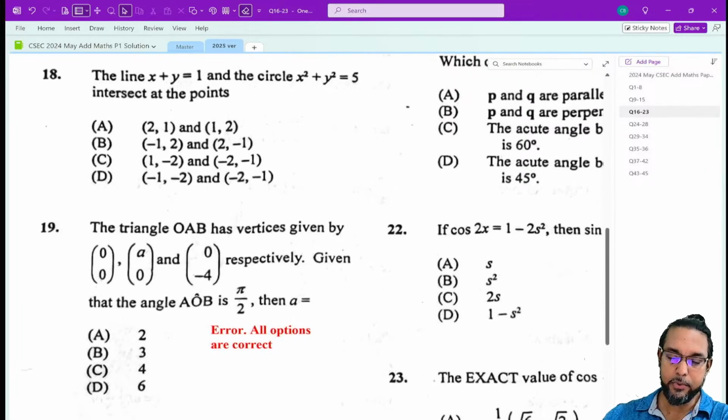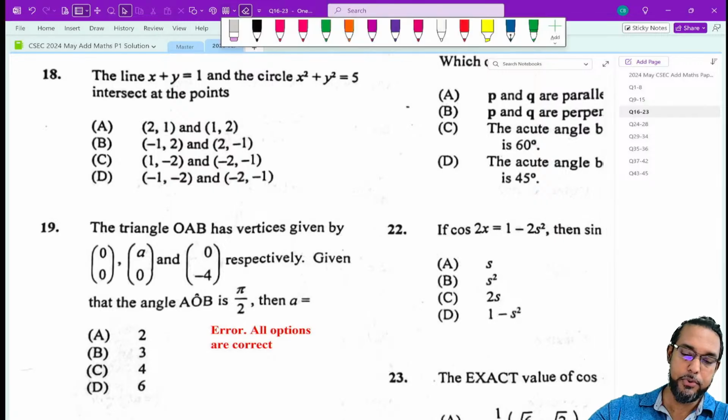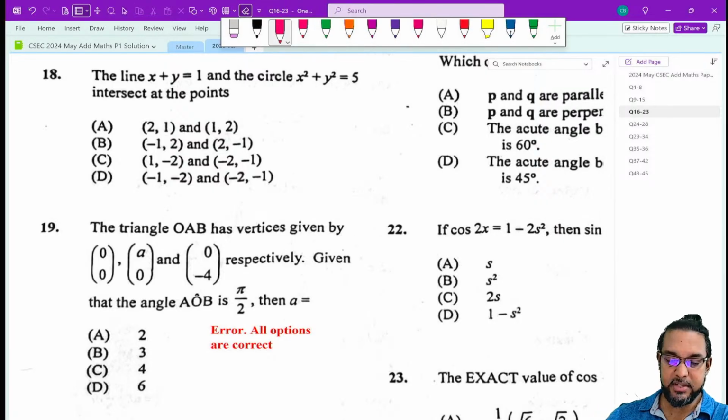The line x plus y equals 1 and those circles intersect at which points? Okay, cool. So you could try to solve them simultaneously, but I feel like there was a shortcut here. What was the shortcut again? If x plus y is equal to 1, that could only be option B. Because if you use anything else like option C or option D, you get x plus y is not 1.